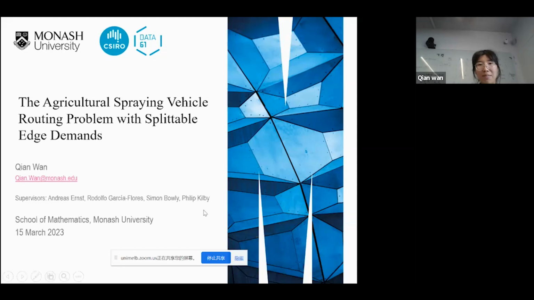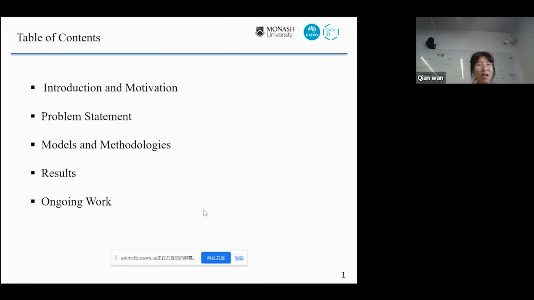My talk is divided into 5 sections. Firstly, I will start with an introduction and motivation, where I will discuss the reasons why we are researching this topic. The second section is a problem statement, where I will define the problem and what we aim to solve. The third section is models and methodologies, where I will cover the different models and methodologies that we have used to tackle these problems.